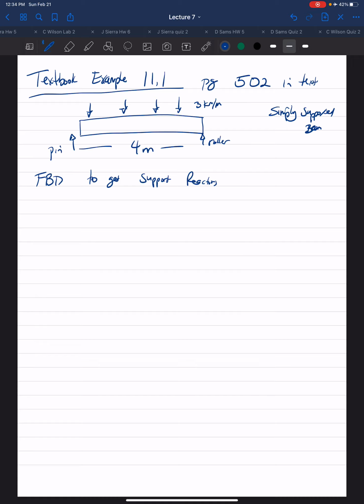So in a free body diagram, we can represent the distributed loading by its resultant force, base times height, the area under the loading diagram. So this would be 3 kilonewtons per meter times 4 meters. This comes out to 12 kilonewtons and is applied per our appendix B directly in the center.